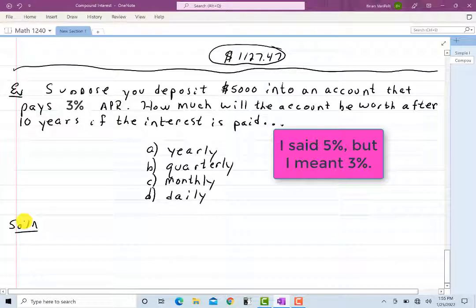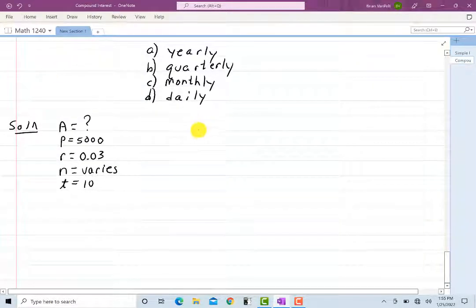First of all, let me write down all the information that I know. A is the thing that we're always going to be trying to figure out. P is the 5,000. R equals 0.03. N will vary. And then T equals 10 years. So for part A, when I say yearly, I mean that N equals 1.